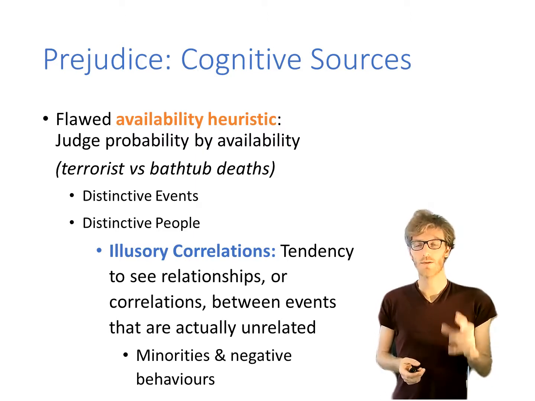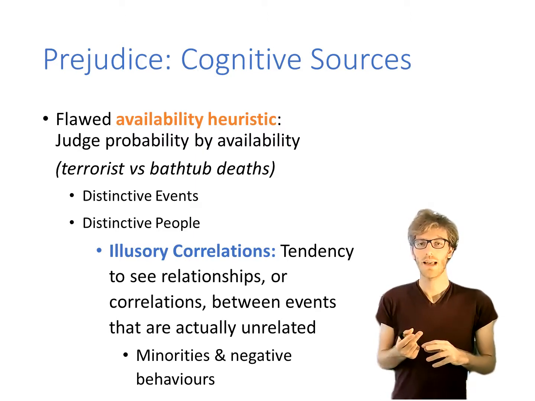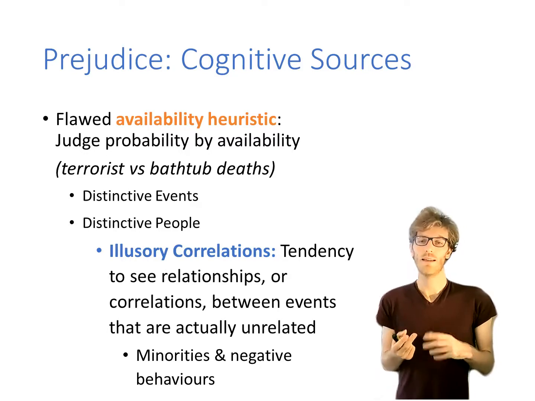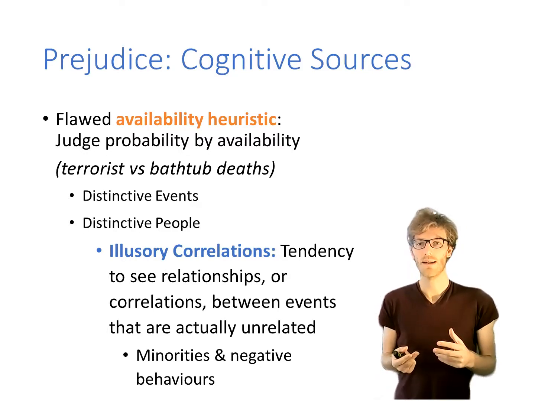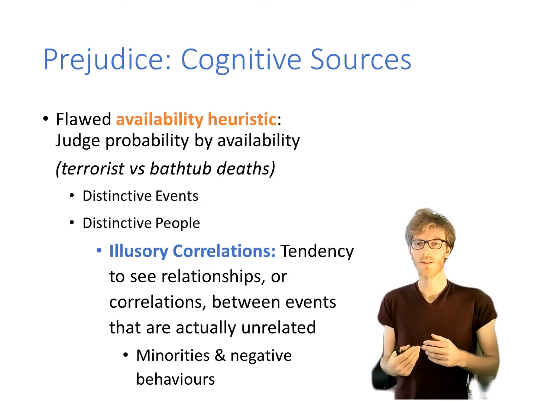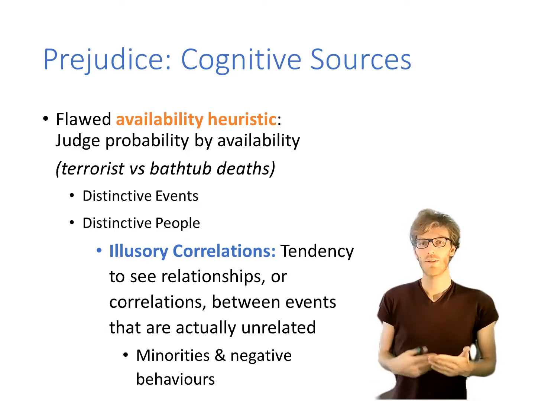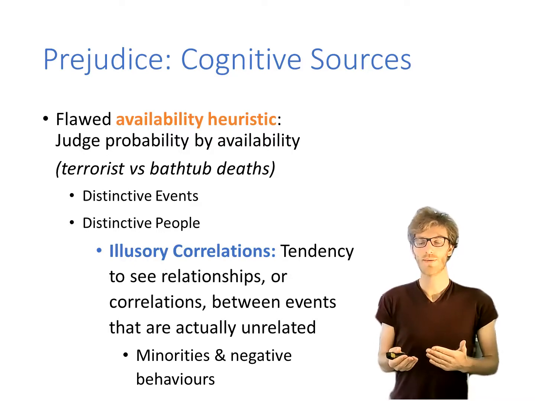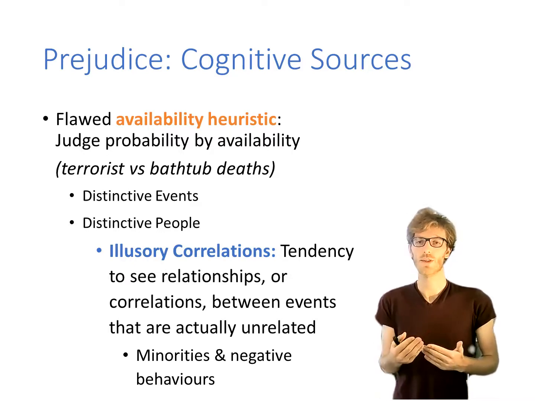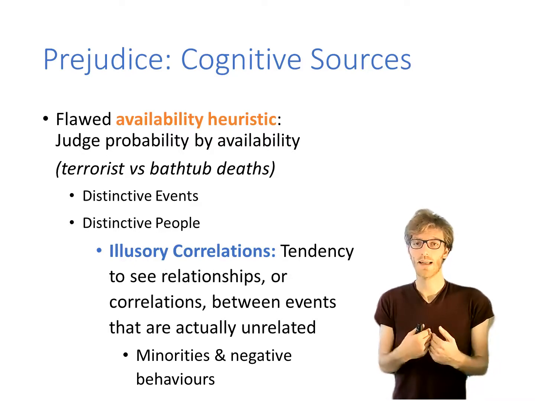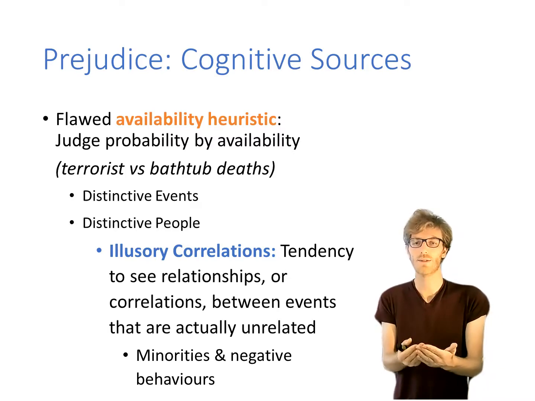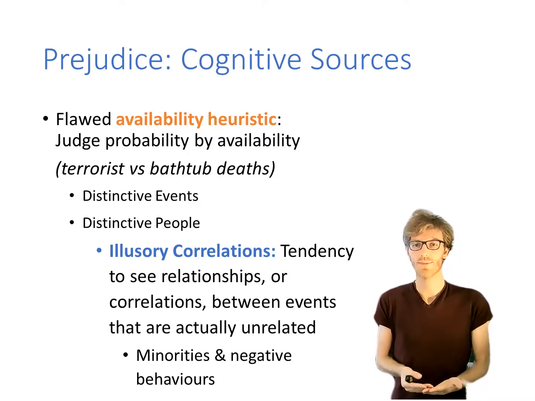So these pairings of minorities and rare events tend to appear a lot more common than they are. Then we have this illusory correlation, which then quite naturally results in negative emotions. If I believe that certain groups are associated with behaviors that I dislike or that I'm even afraid of, it's not hard to see how that leads to negative emotions, to prejudice.